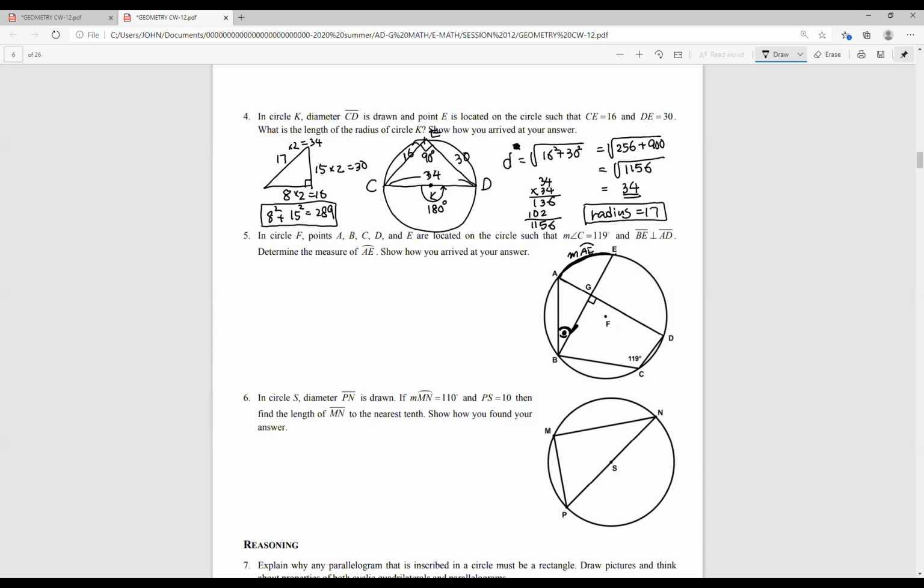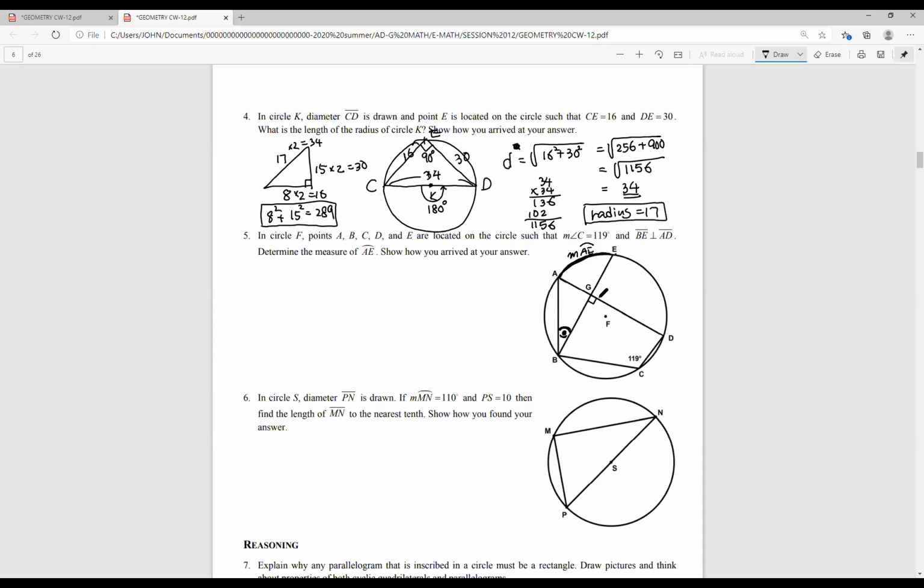I said angle G is a right angle. Angle G, yeah, that is the right angle. And then angle AFE is half, that's 45.